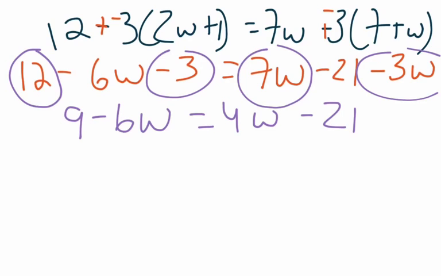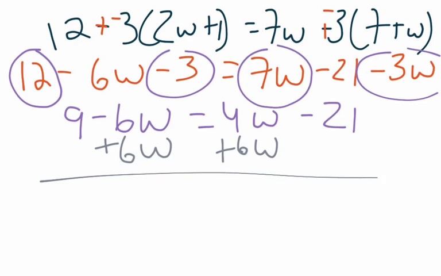Next step, get all the variables on one side. So again, I like to keep them positive. That's just how I prefer to do this. So this right here is a negative 6w. How can I get that to be a 0? Well, I can get it to be a 0 by adding 6w. If I add 6w to the left-hand side, I have to add it to the right-hand side and make sure that you combine it with other w's.